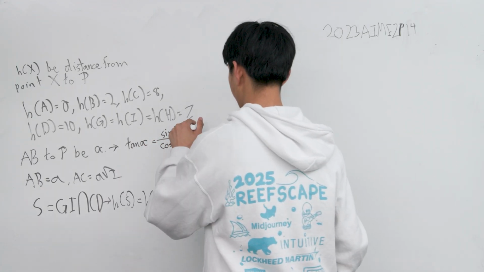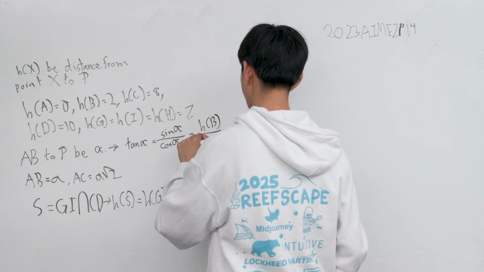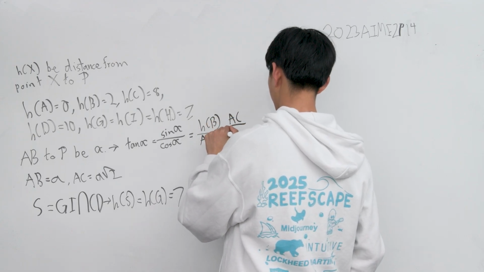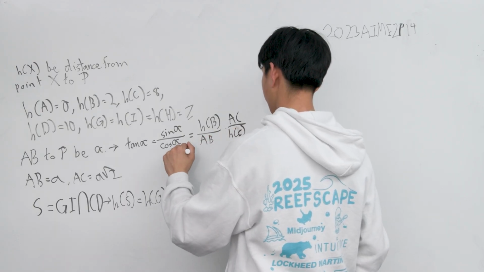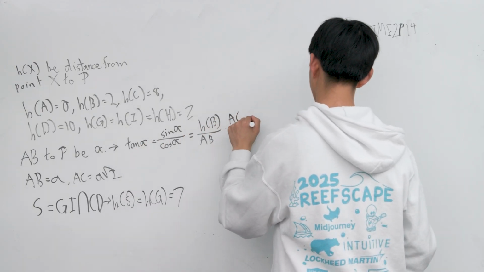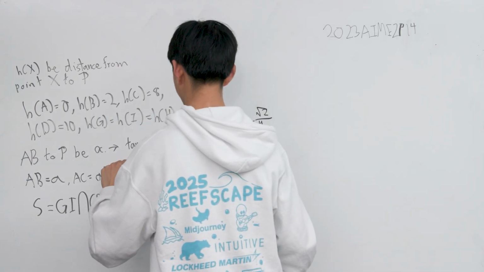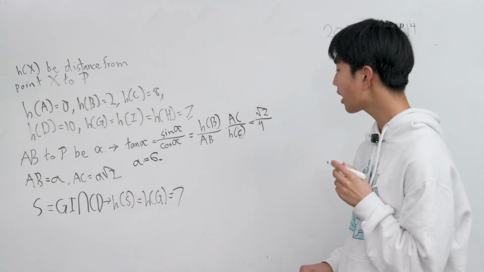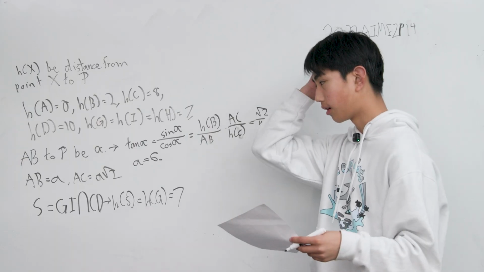This is equal to h of B over AB times AC over h of C, which is equal to root 2 over 4, therefore giving us a equals 6. That is very important, and we will need it later.